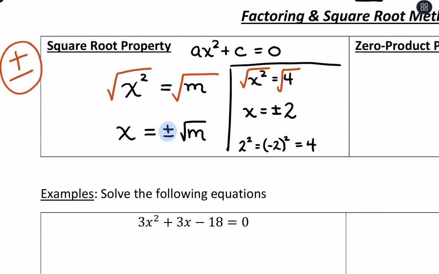Another property that we're going to be using is the zero product property. This is going to come from if we factor. So say we take our ax squared plus bx plus c and we factor it so that we have these factors multiplying equals 0. Well, a special property occurs when two things, or even more things, are multiplying to equal 0.